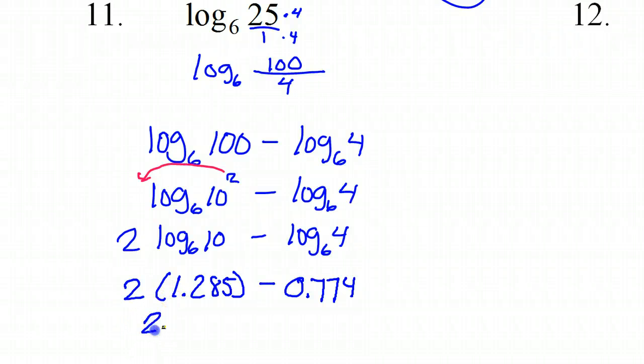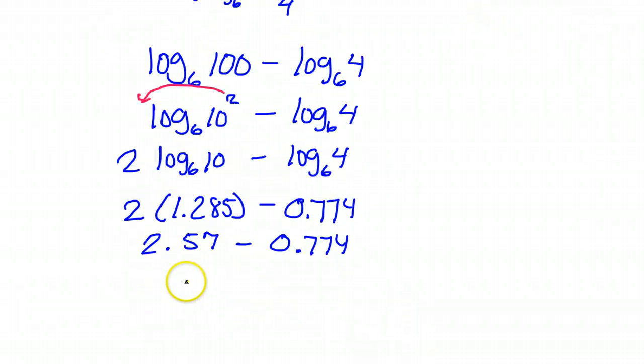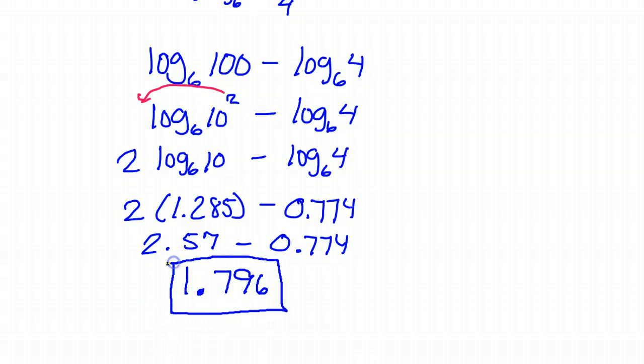Alright, so that's 2.57 minus 0.774. And that gives us 1.796. Okay, that's number 11.